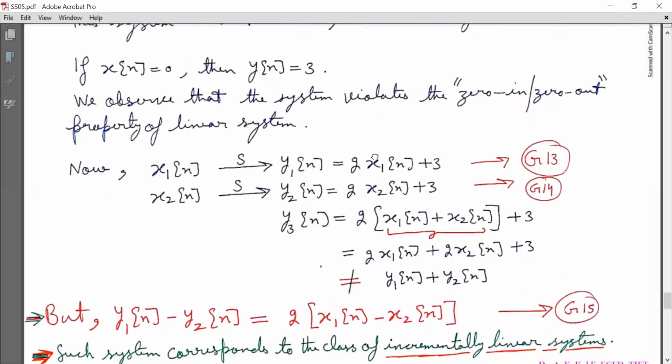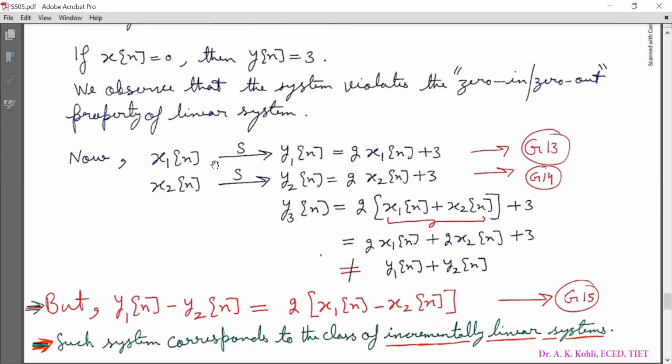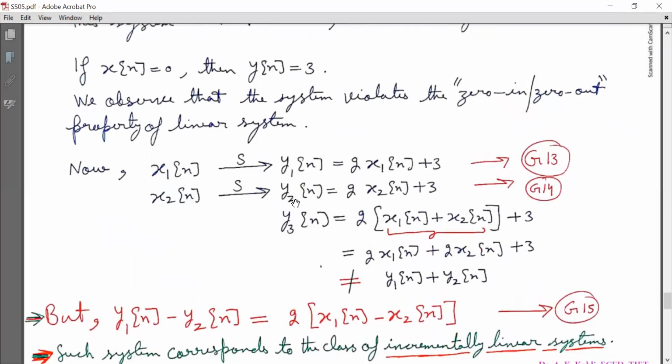Now, further, when x1[n] is fed to system S, the output is y1[n] equal to 2x1[n] plus 3. And when x2[n] is fed to the system, the output is y2[n] equal to 2x2[n] plus 3. Now if the composite signal, the sum of x1[n] and x2[n], is given, then y3[n] is equal to 2 bracket x1[n] plus x2[n] bracket close plus 3.